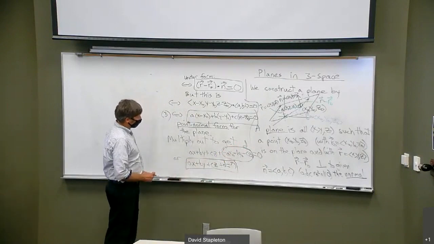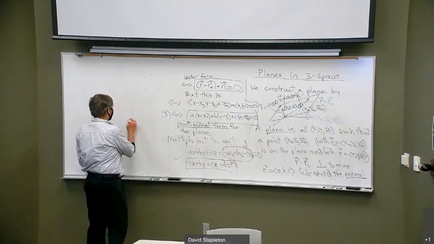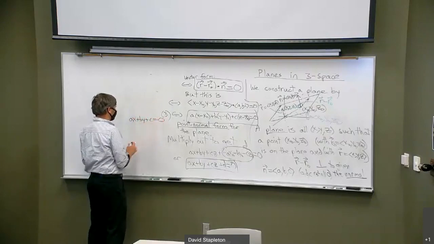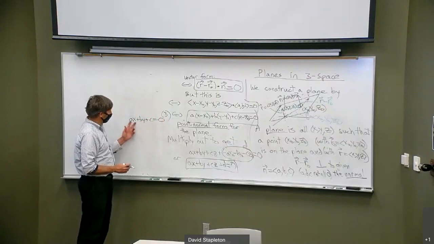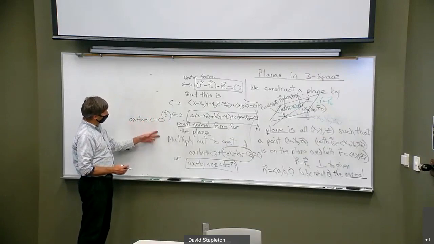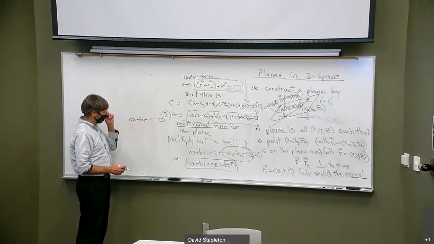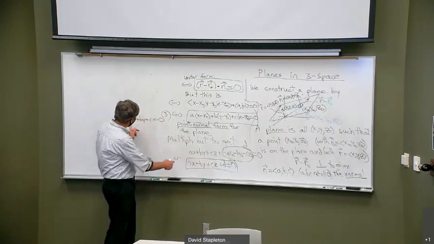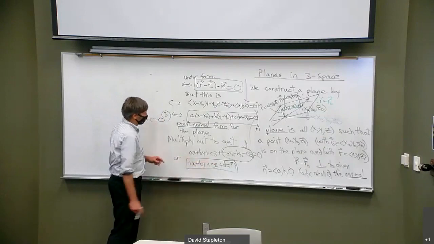So every plane, just like we said, here's the general form for an equation for a line in the plane, Ax plus By plus C equals 0. That's the general form of the equation for a line, when A, B are not both 0. Every line can be put in this form with A, B not both 0. Similarly, every plane in 3-space just has one more component, Ax plus By plus Cz plus D equals 0.